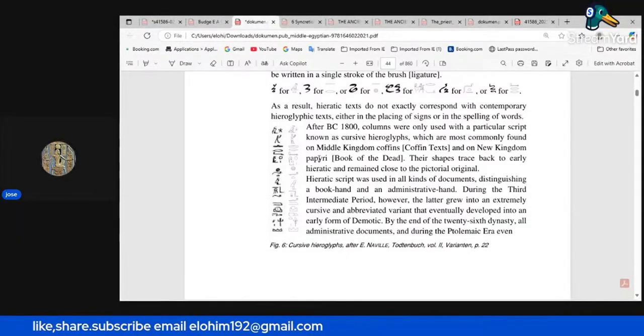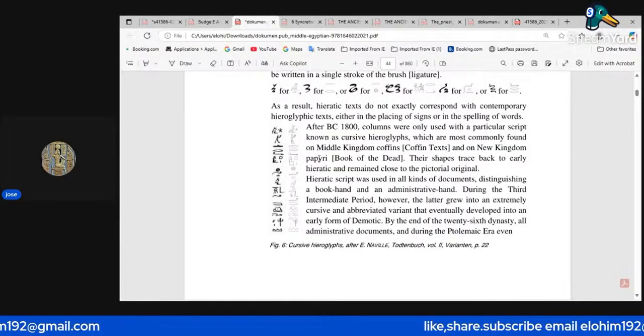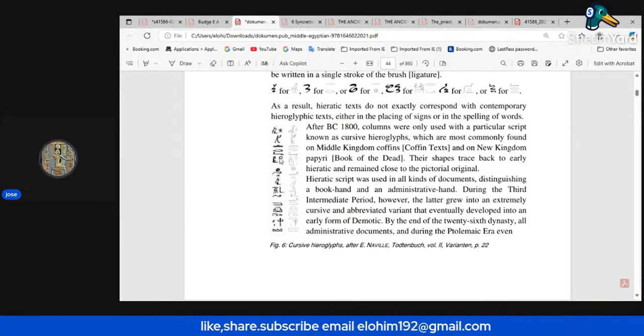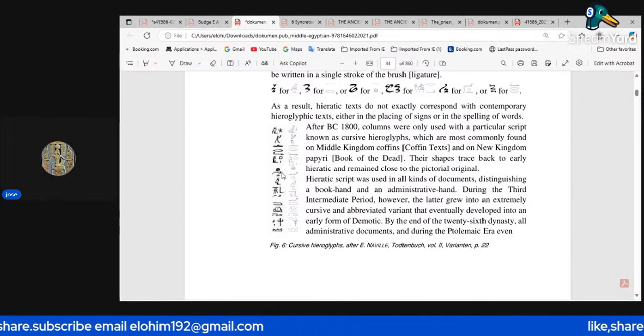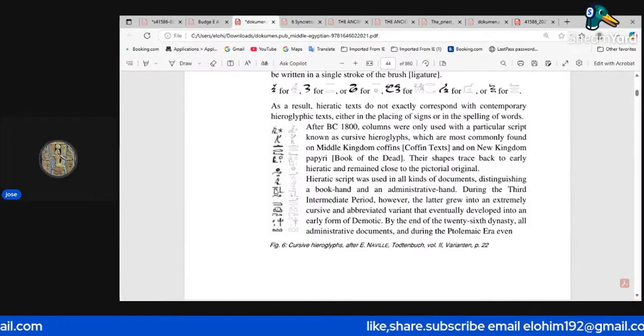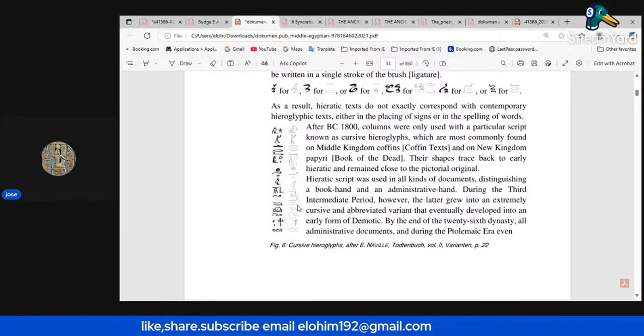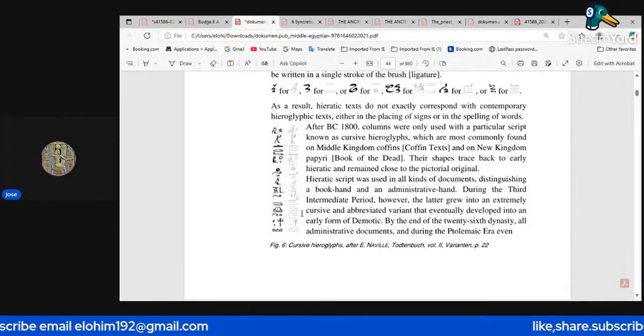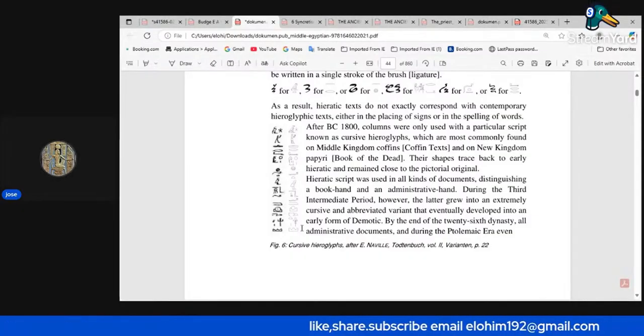So this is cursive hieroglyphics. Cursive hieroglyphics is the regular. This is Ra. This is Hatef. This is Waben. Emaket. Kenti, I guess.